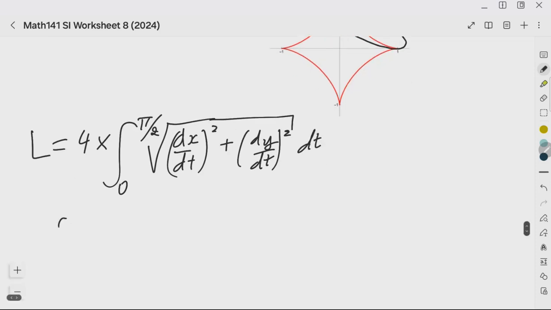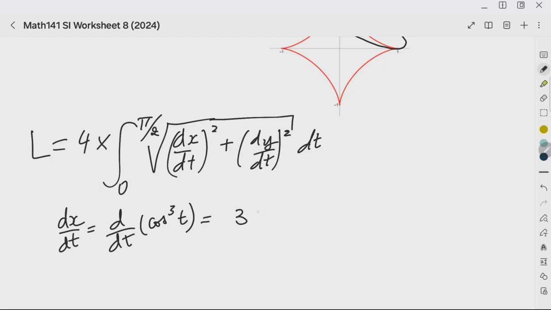So what is our dx dt? Our dx dt is given by the derivative over t of cos cubed t, which is just 3 times the derivative of cos, which is minus sine t, times cos cubed minus 1, which is cos squared t.